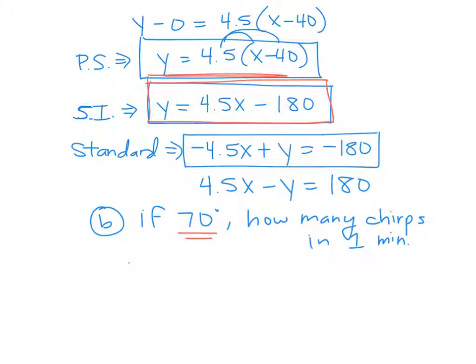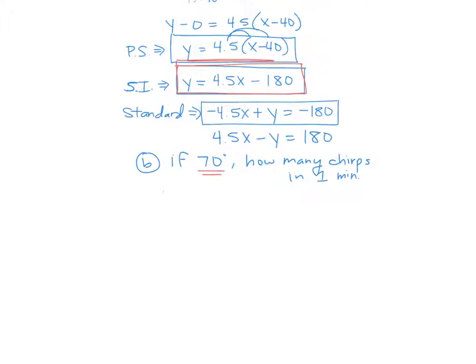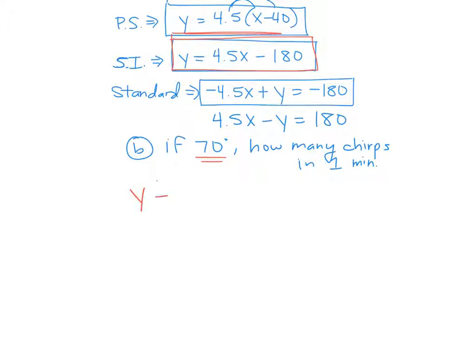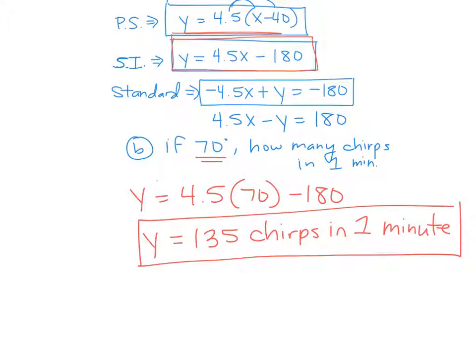The 70. It's your x, right? The degrees was your x. So if that's the case, it's going to be y equals 4.5 times 70 minus 180. So plug that in, you get 135 chirps in 1 minute. Okay? Questions on that?